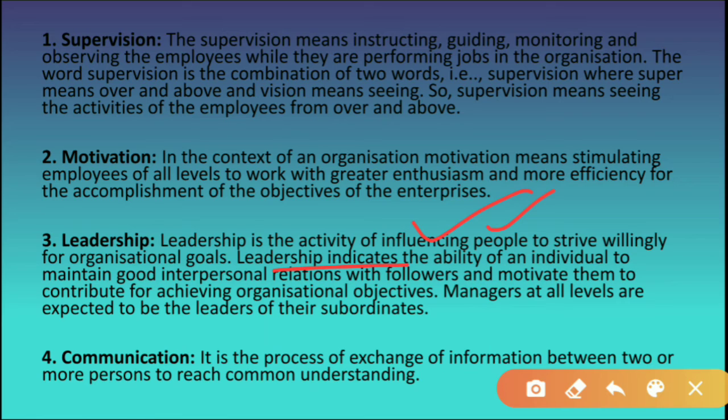So that is why it has been said that leadership is the activity to influence people, because by seeing the managers, by seeing the superiors, the subordinate will also perform in the same way towards the achievement of organizational goal. So leadership is something where the superior should maintain a good relationship with the subordinate and should motivate them to contribute in the organizational goal.